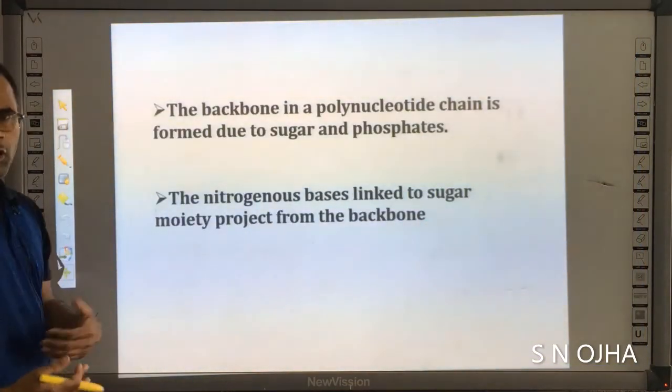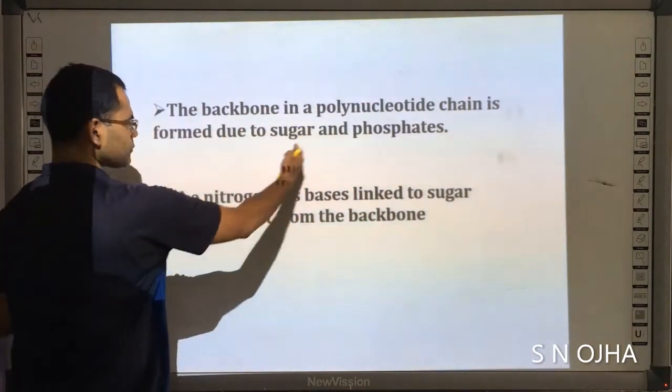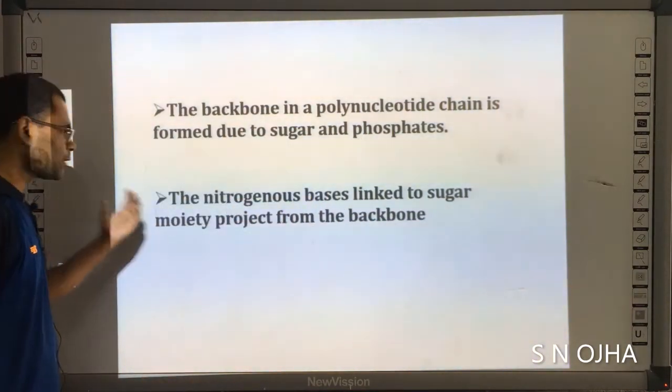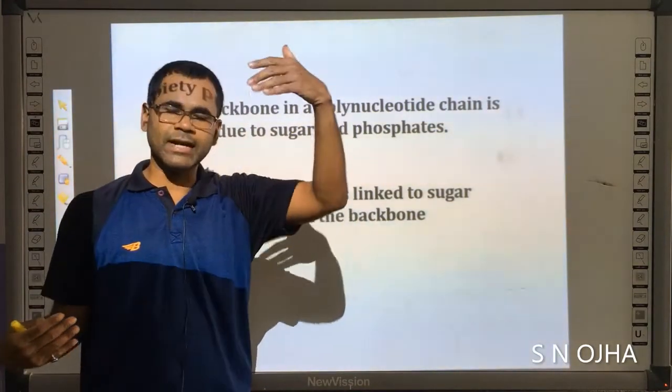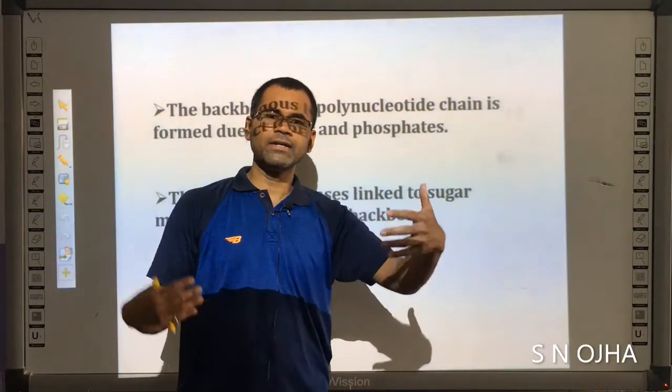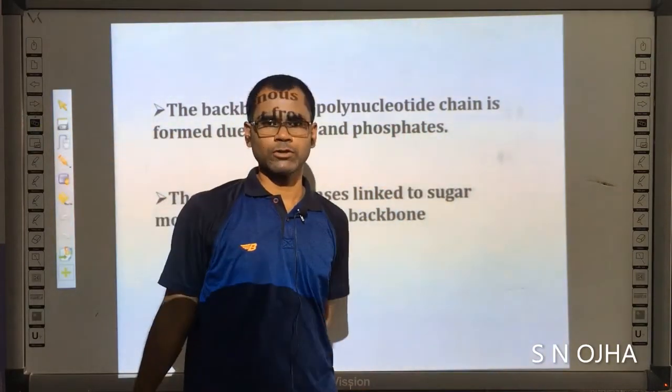The backbone of the DNA is the phosphodiester bond, which is composed of sugar and phosphate, and the nitrogenous bases are connected together. One nitrogenous base of one strand is connected to a nitrogenous base of the other strand through hydrogen bonds.